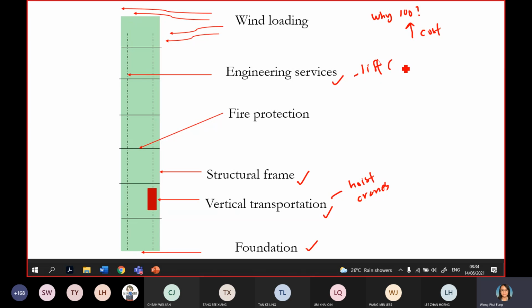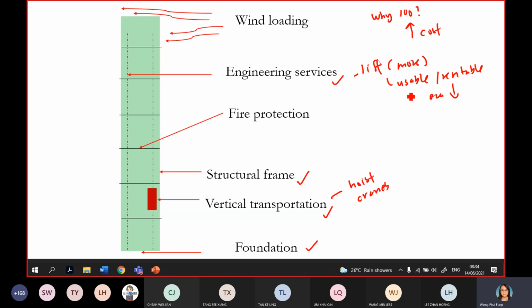So when we provide more lifts, our usable area, or what we call rentable area, will reduce, because most of the space you allocate, you need to design for lifts, for staircases, for fire doors.